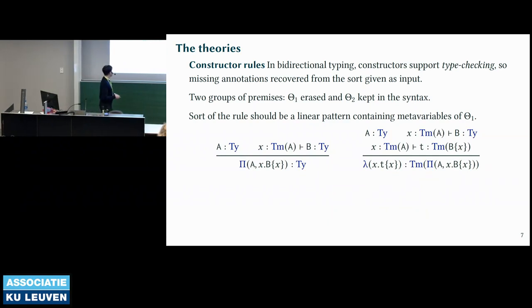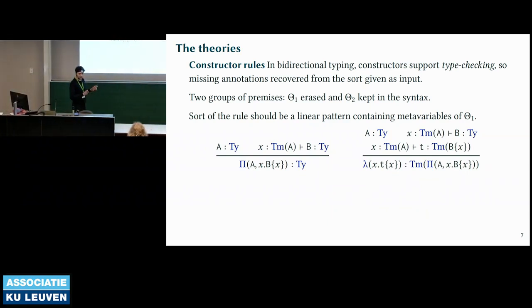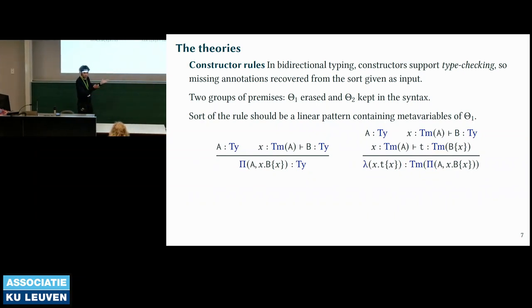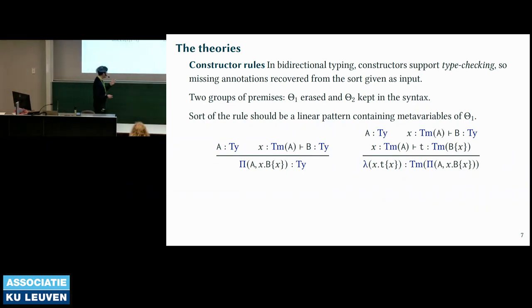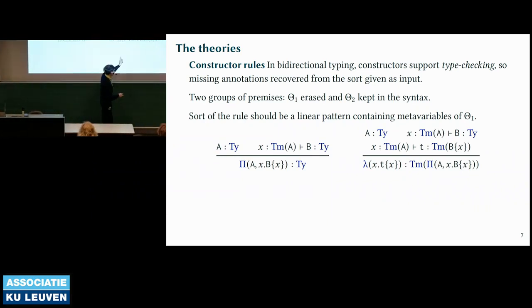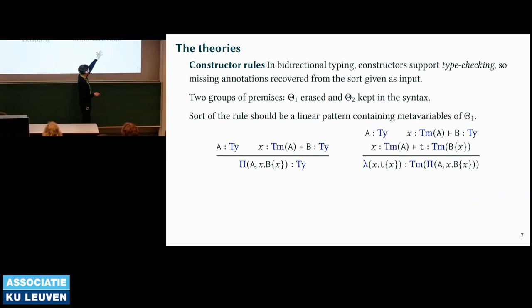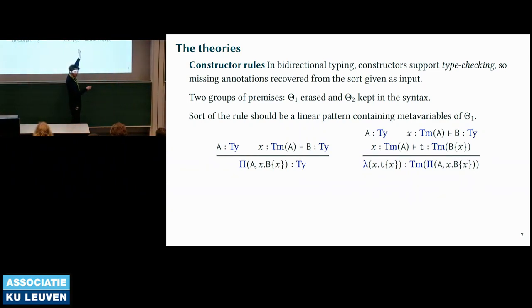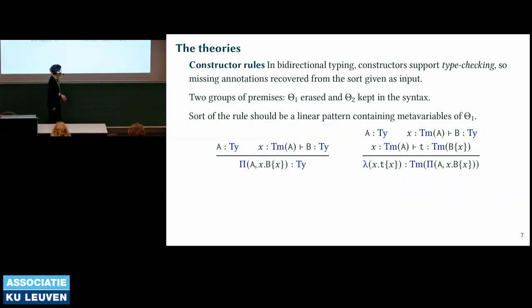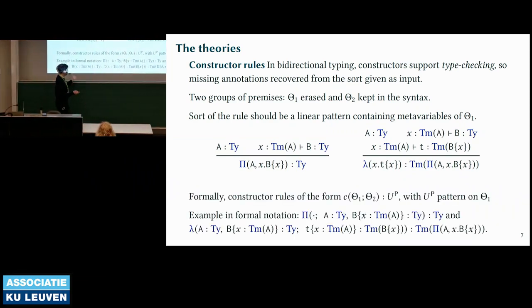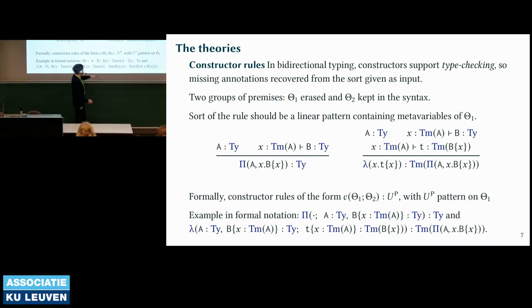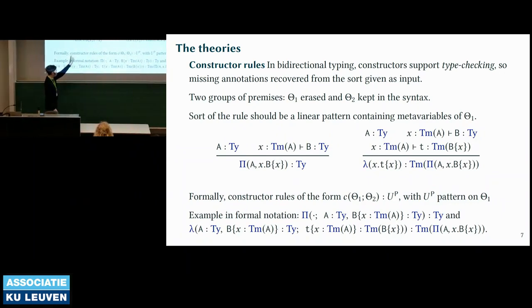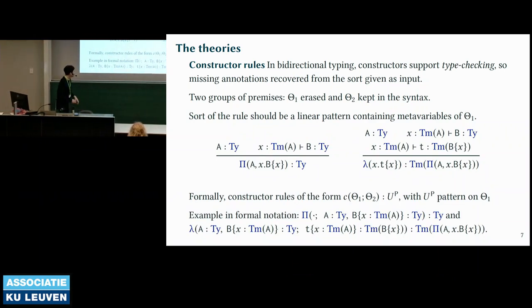First, the rule for the pi type, which is a bit of a degenerate case because its pattern has no meta-variables, so there are no omitted arguments. Then we have the abstraction, where A and B are the meta-variables of the pattern, so they do not appear in the syntax. Formally, the constructor rules are of this shape, and this is the way we can parse these rules.